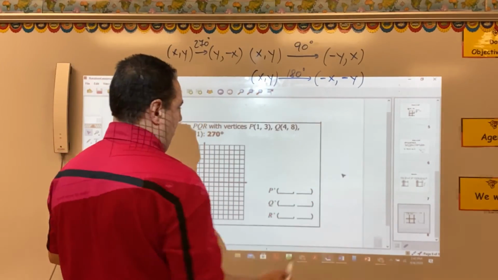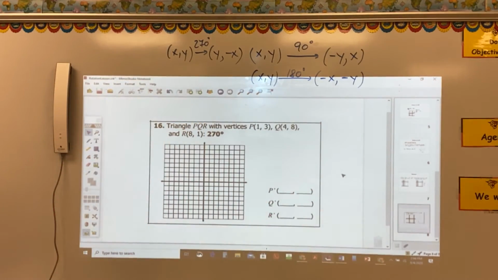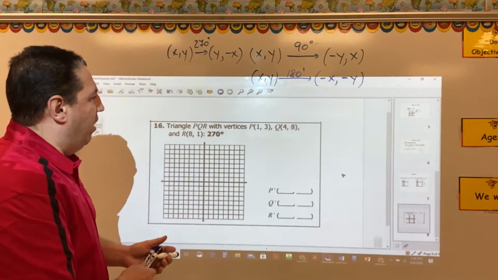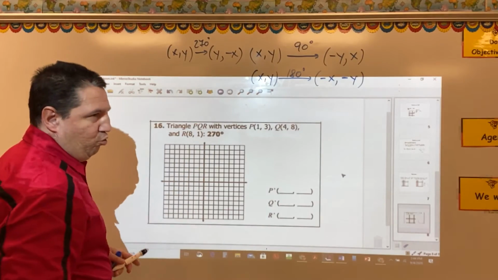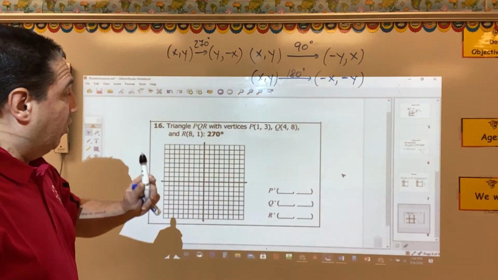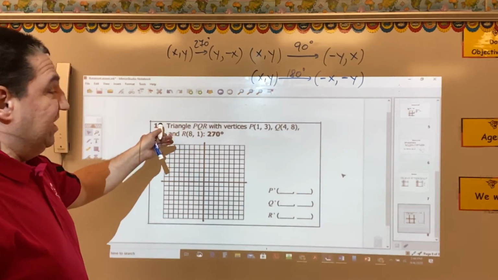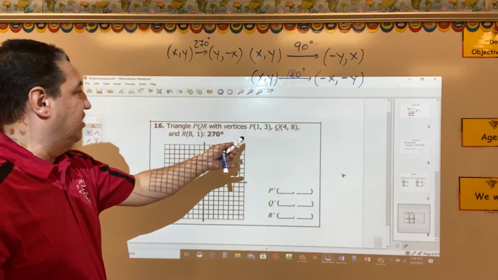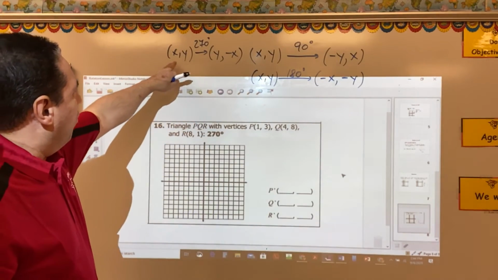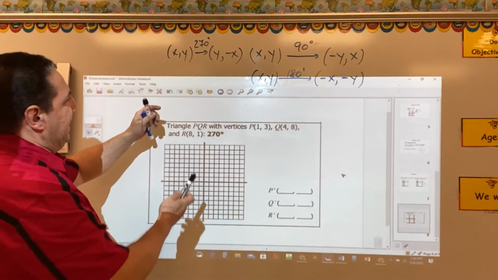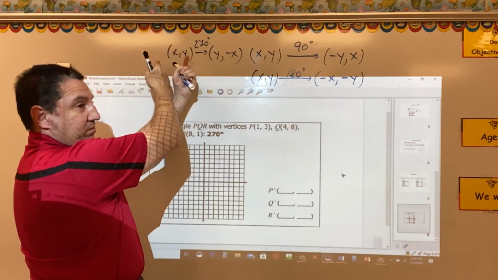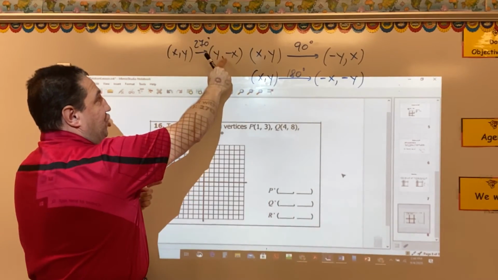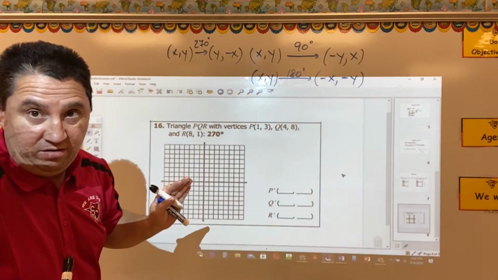So we have the triangle PQR with vertices P, Q, and R whose coordinates are given here. So we need to find the new triangle after a rotation of 270 degrees. So we apply this rule. In this case, we switch the place of the coordinates and change the sign of x only.